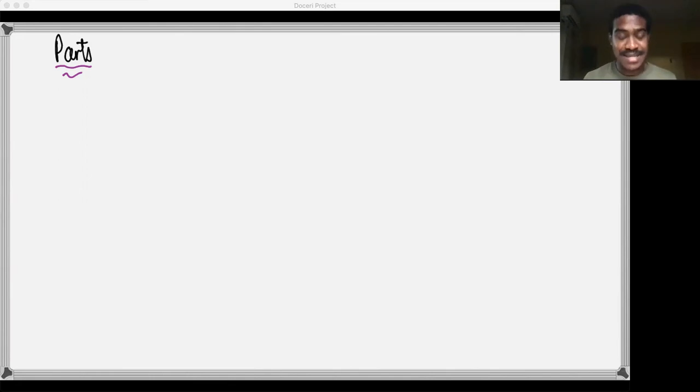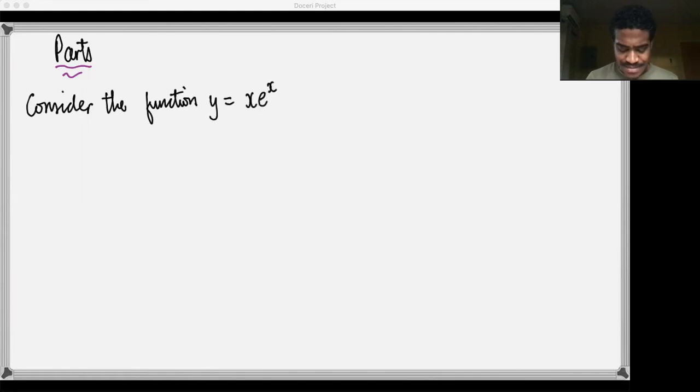So let's consider a function y is equal to x by e to the x. Because this function is one function of x multiplied by another function of x. If you look at it, x is a function of x, obviously, and e to the x is a function of x as well.